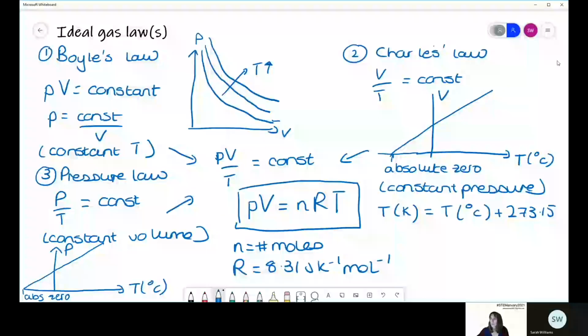We can also sometimes find that it's easier to work, rather than with a certain number of moles, with a certain number of molecules in our gas. In that case, the ideal gas equation can be written as PV equals NkT, where k is the Boltzmann constant.